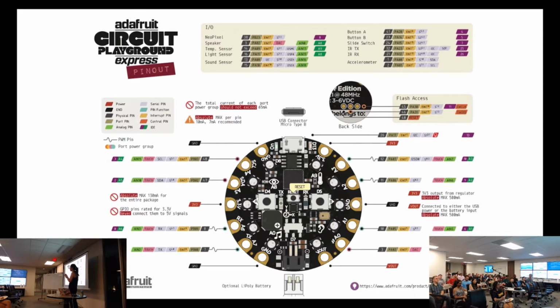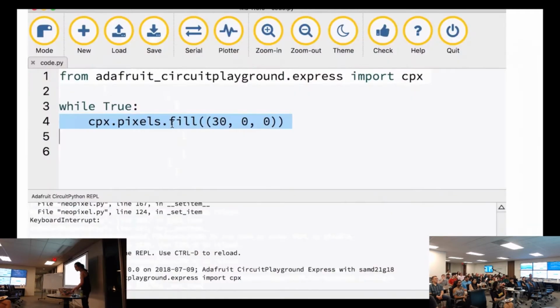And then you have input options like this little eye. This is a light sensor. It gives you an 8-bit number that measures luminosity. And here's a temperature sensor. And here is a sound sensor. It measures the decibels. And it has a little buzzer. It has buttons.